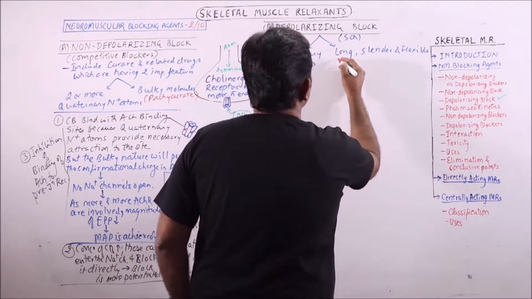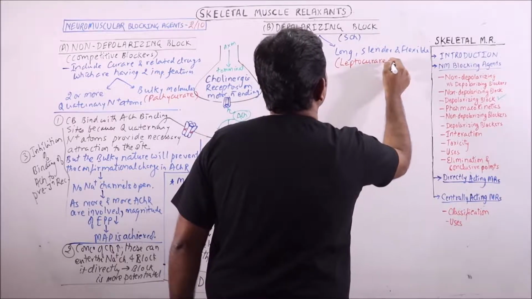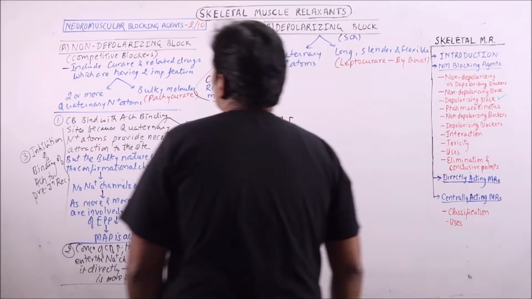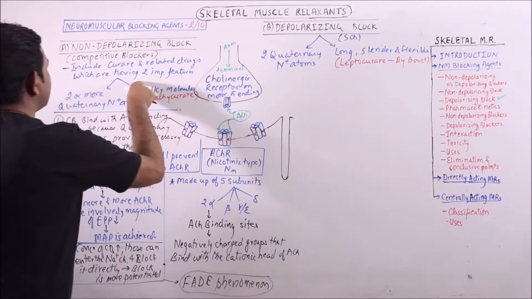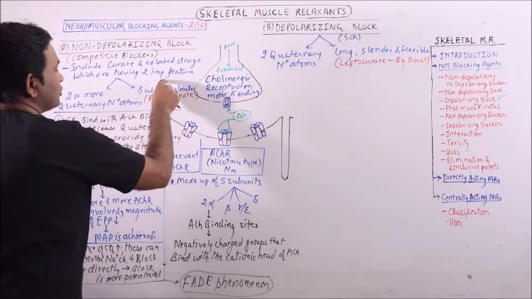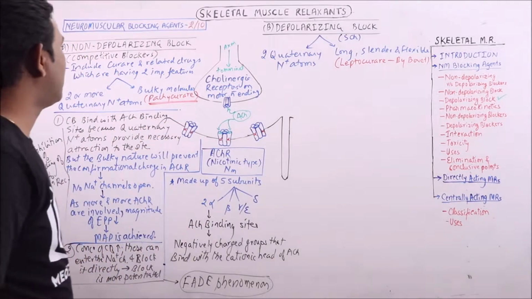Such molecules were termed as leptocurare by Bovet. Against this, non-depolarizing block was discussed and the molecules were bulky. These were termed as pachycurare by Bovet.